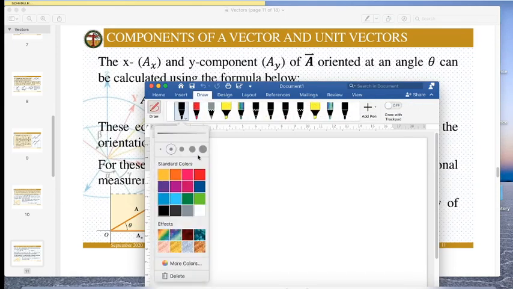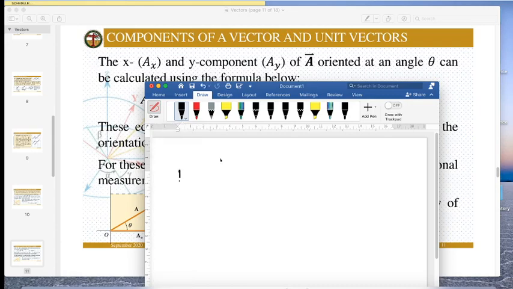So we have here the y-axis, and then this is your x-axis, and then your vector A, so you have vector A oriented at an angle theta.